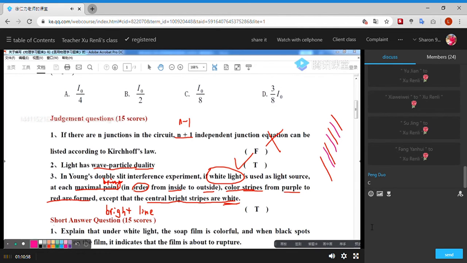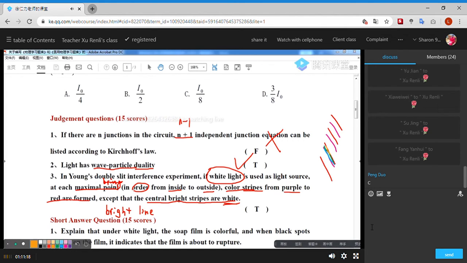From purple to blue to green to yellow to red. So it's colorful.